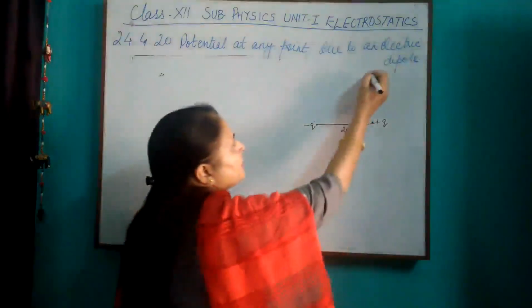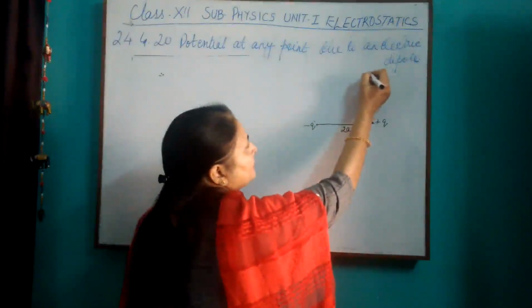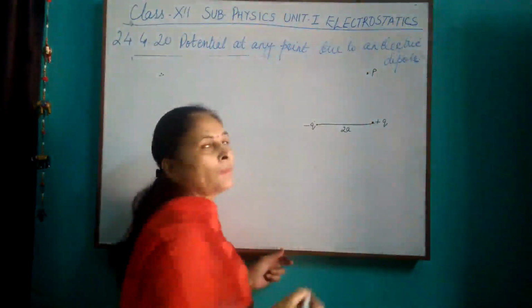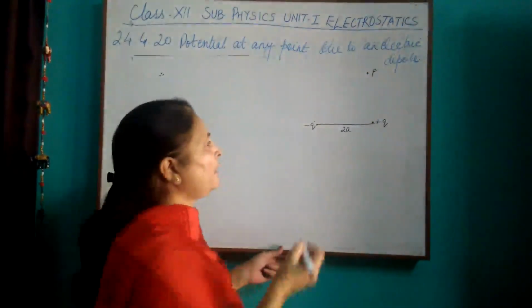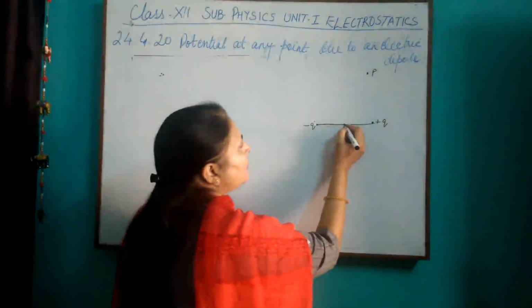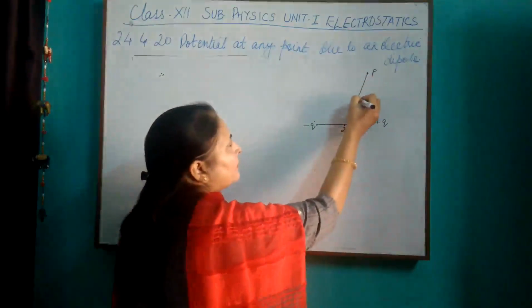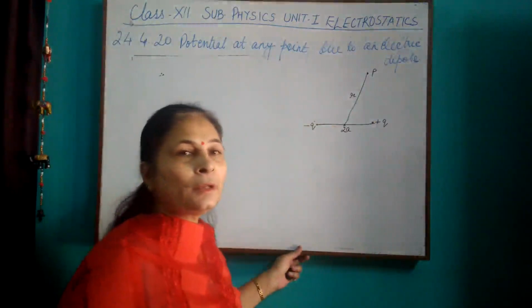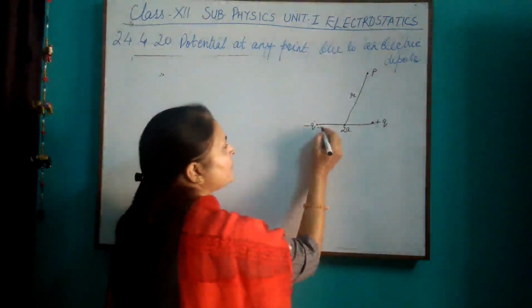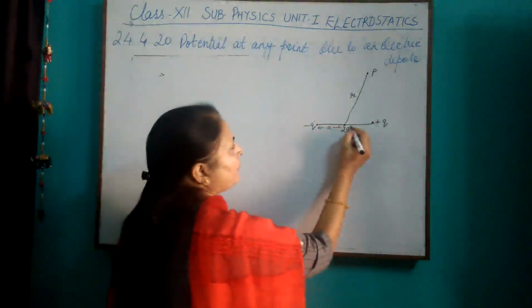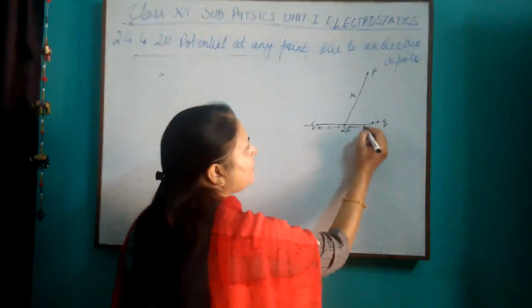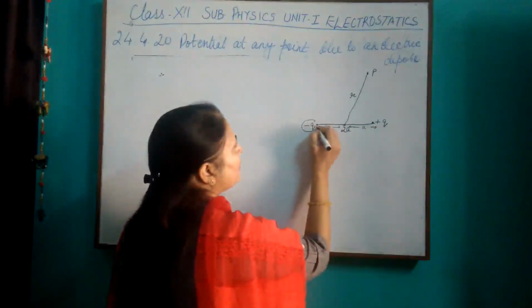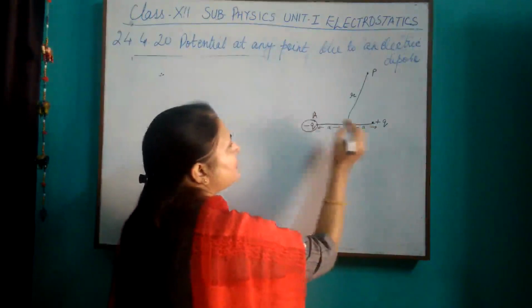I'll take somewhere, say here. Say point P at a distance R from the center of the dipole. This distance is now a, and this distance is now a.